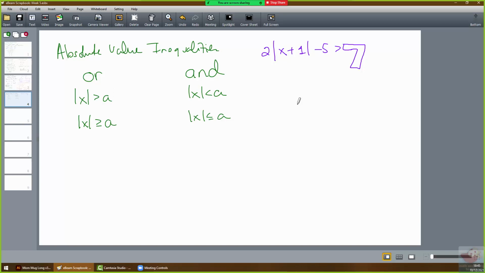So we will isolate this absolute value by adding 5 and then dividing by 2. What number would we get on the other side? Six. Yep.